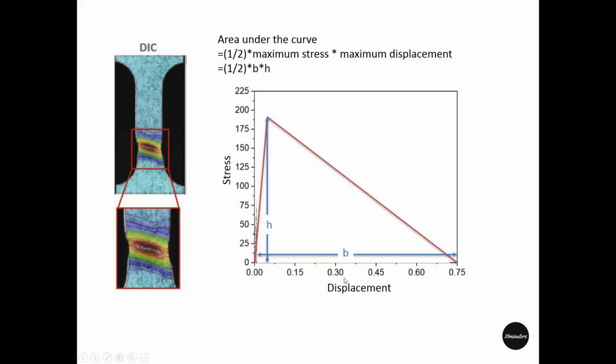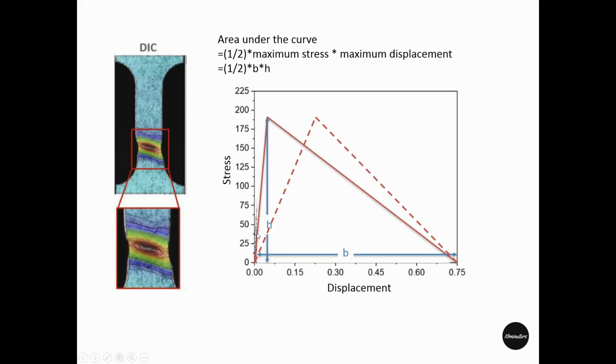Notice that energy per unit area is the unit for fracture energy. But just knowing the width and height of a triangle is not enough to completely define a triangle. For example, there could be another triangle with the same width and height, but it would be totally different from the original triangle that we drew.